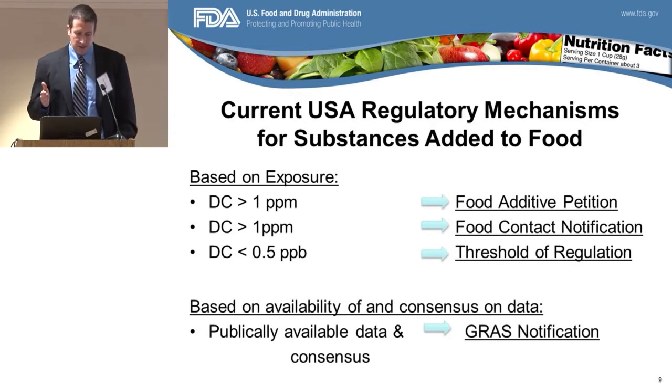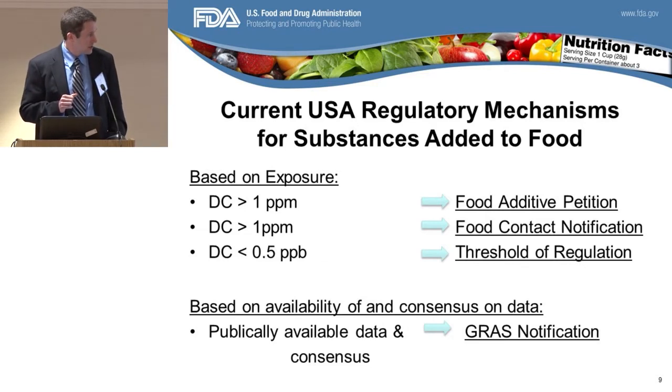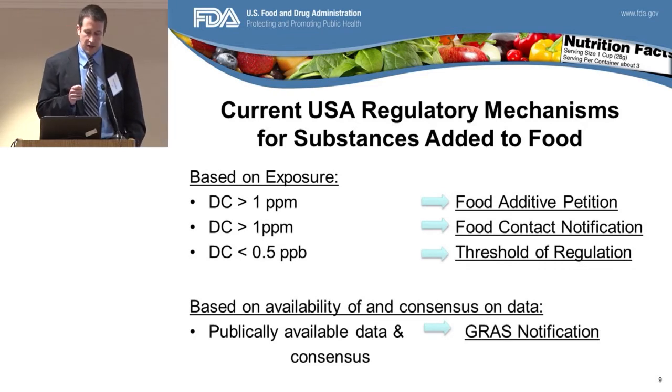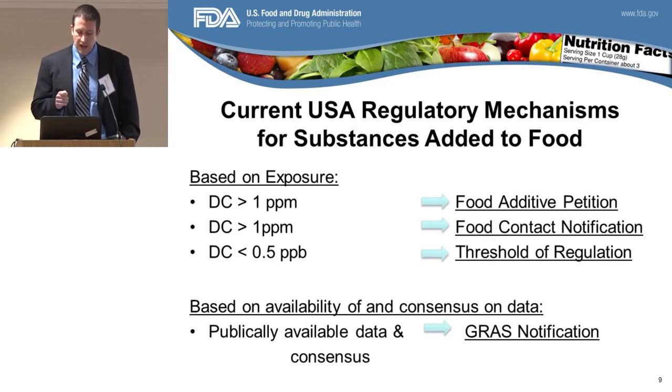If you have a food packaging material that somehow through its use results in a dietary concentration greater than 1 parts per million, FDA can require you to submit a food additive petition. As I said, we are going to get to GRAS notification here also, but the requirements for GRAS notification are not based on exposure. It's more based on the availability of and consensus on data concerning the safe use of that product.